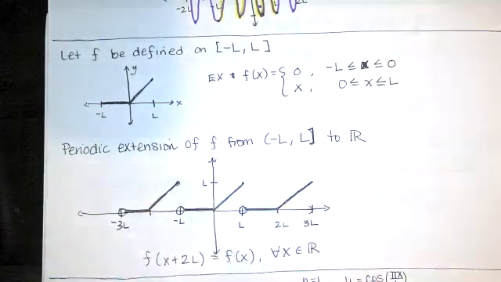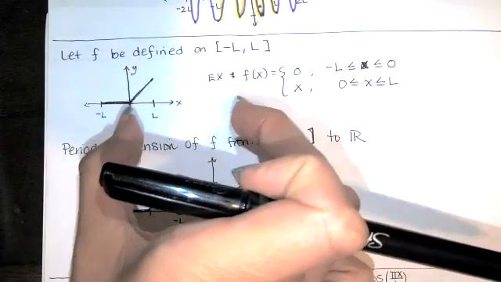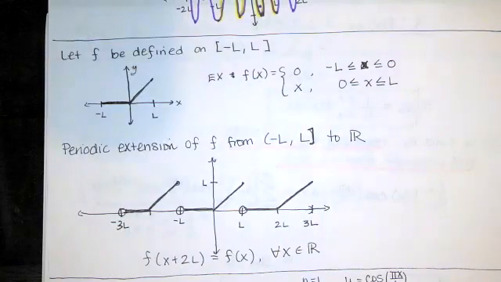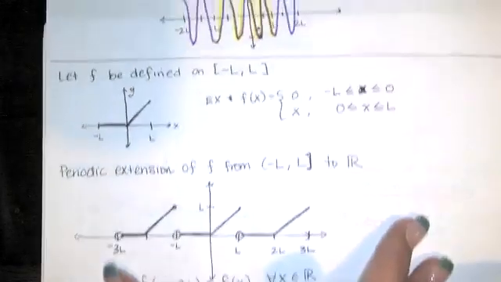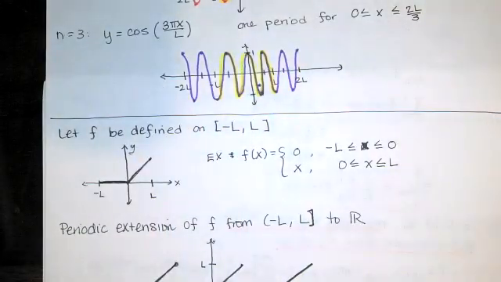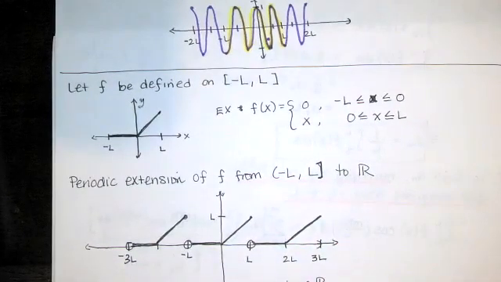So I've got a function with a period of 2L, and I'm interested in that interval, not from 0 to 2L, but from negative L to L instead. And I'm extending it periodically, so it makes sense to look for combinations of these sinusoidal or periodic functions that have the same period as our function f.